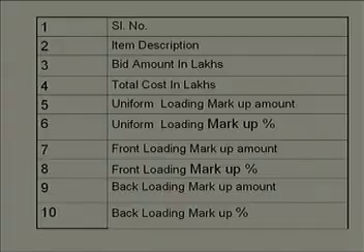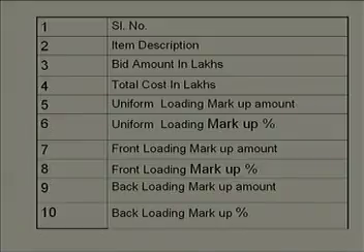So column 1 represents serial number, column 2 gives you item description, column 3 gives you bid amount in lakhs, column 4 represents total cost in lakhs, column 5 represents uniform loading markup amount, column 6 will show you uniform loading markup percentage.